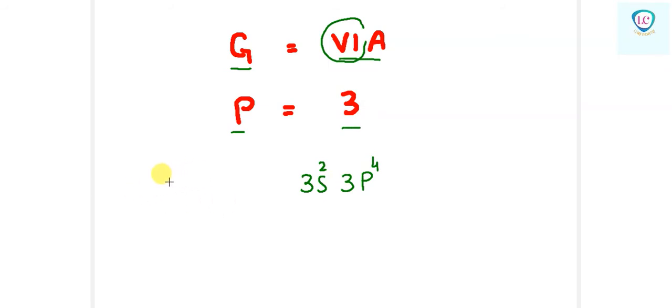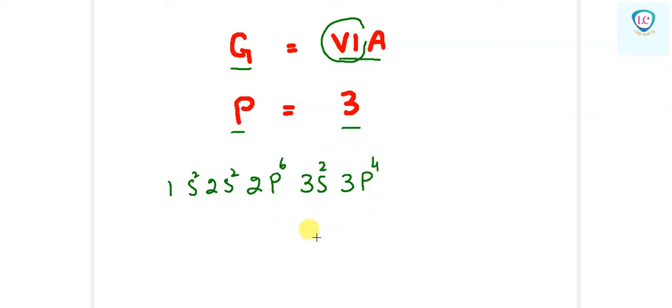We may write the complete configuration. It will be 1s2, then 2s2, then 2p6. So from here we can calculate the atomic number. 2 plus 2 is 4, plus 6 is 10, plus 2 is 12, then plus 4 is 16.